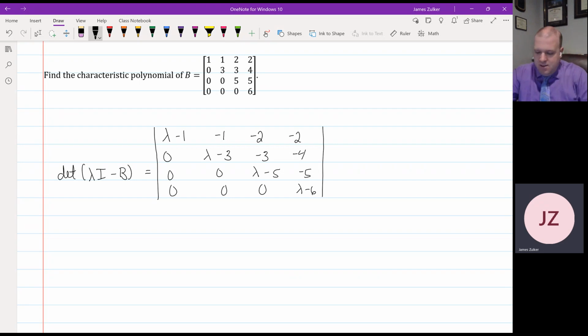It's just the product of the diagonal elements. So when you do that, this is what we're left with.